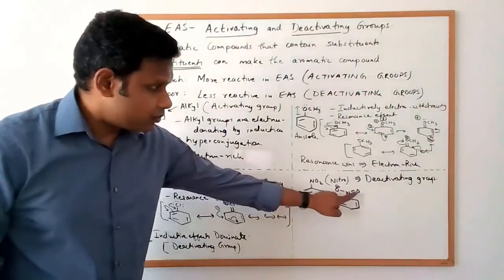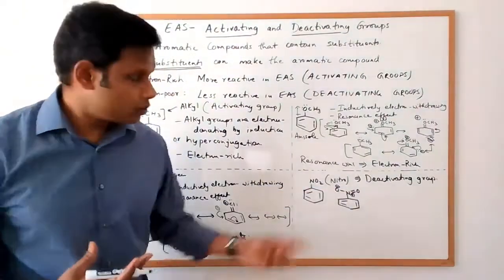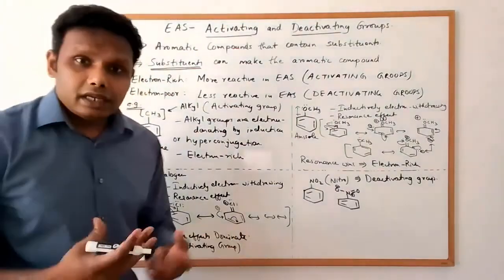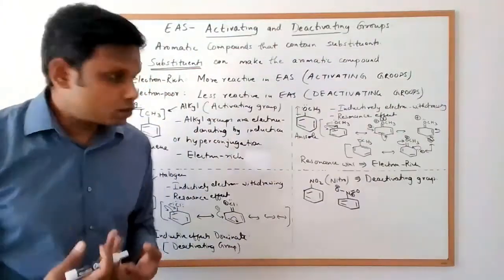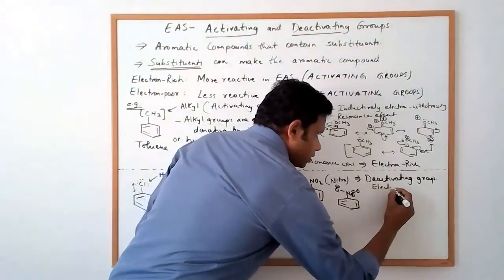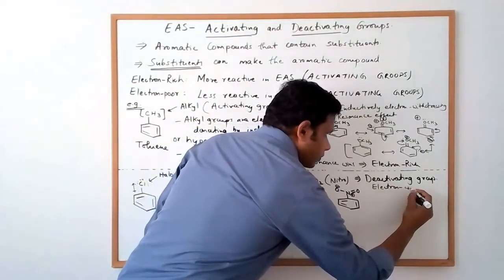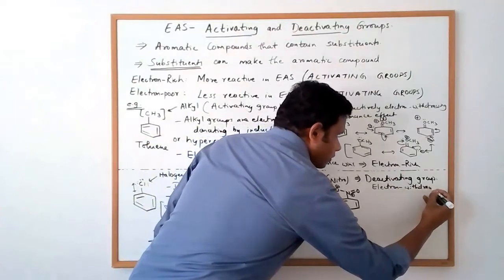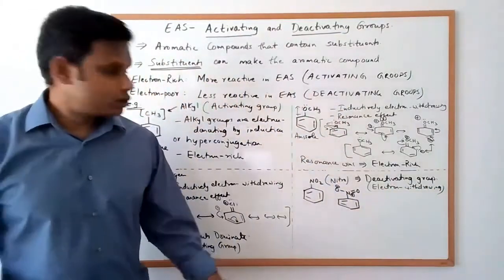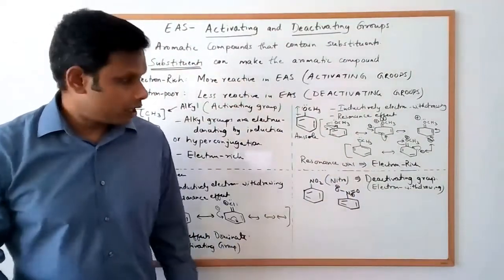So that nitrogen with two oxygens connected to it with a formal positive charge on it is a strongly electron withdrawing group. This is electron withdrawing, and we get the nitro group here.